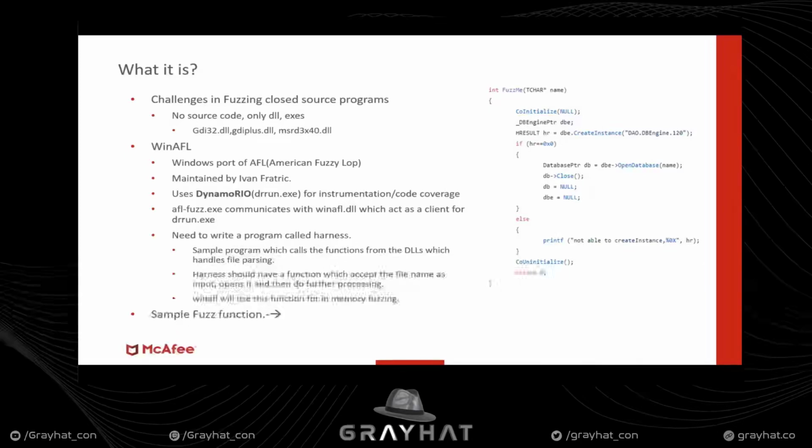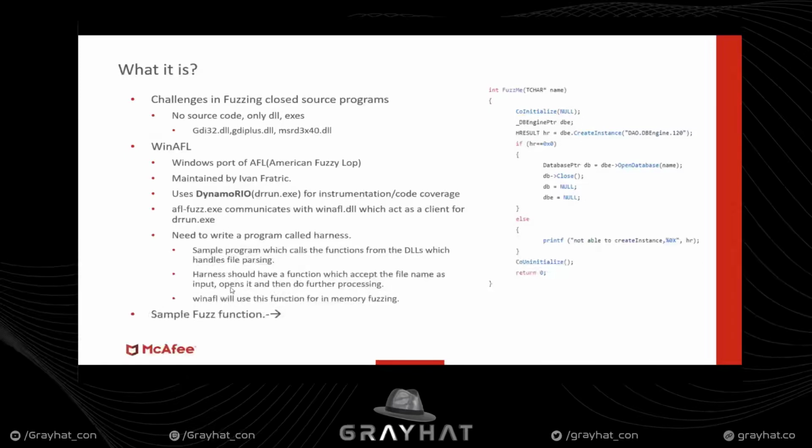So in case of Windows, it is afl-fuzz.exe. For Windows, there is another file called winafl.dll, and this is the file which actually works as a client for the DynamoRIO executable, that is drrun.exe. So what happens is that drrun.exe provides some callbacks, and WinAFL uses those callbacks to trace the coverage of the program.